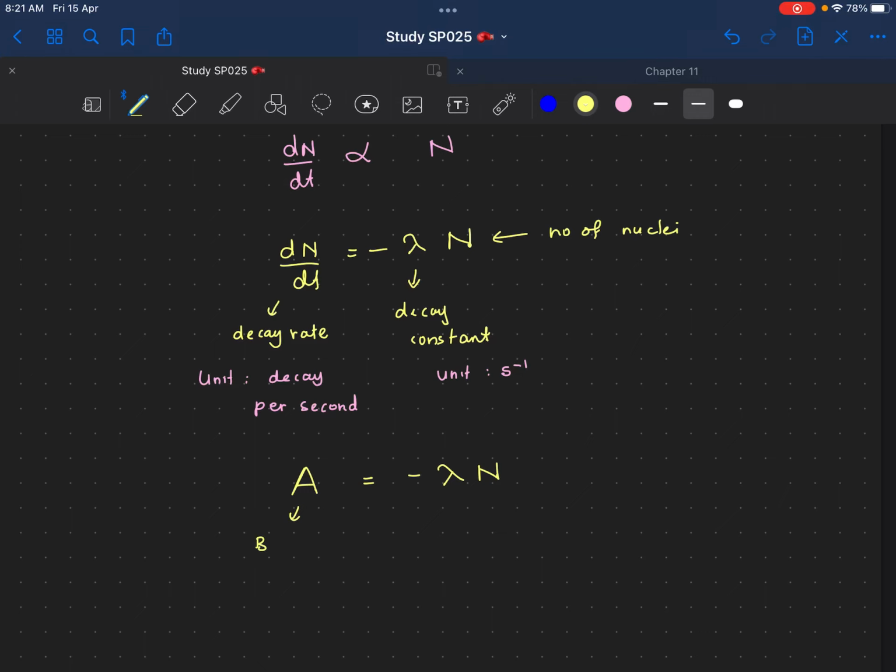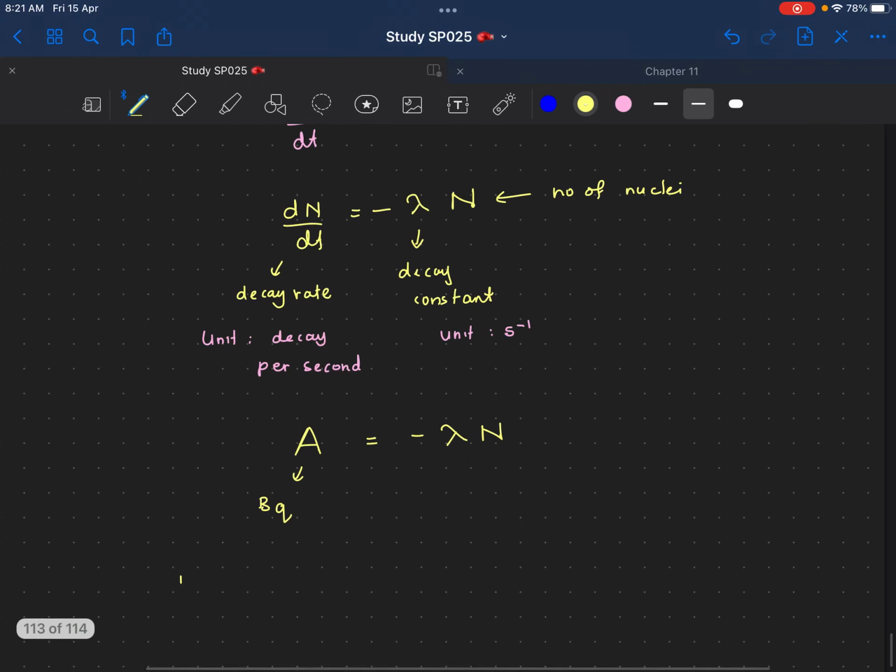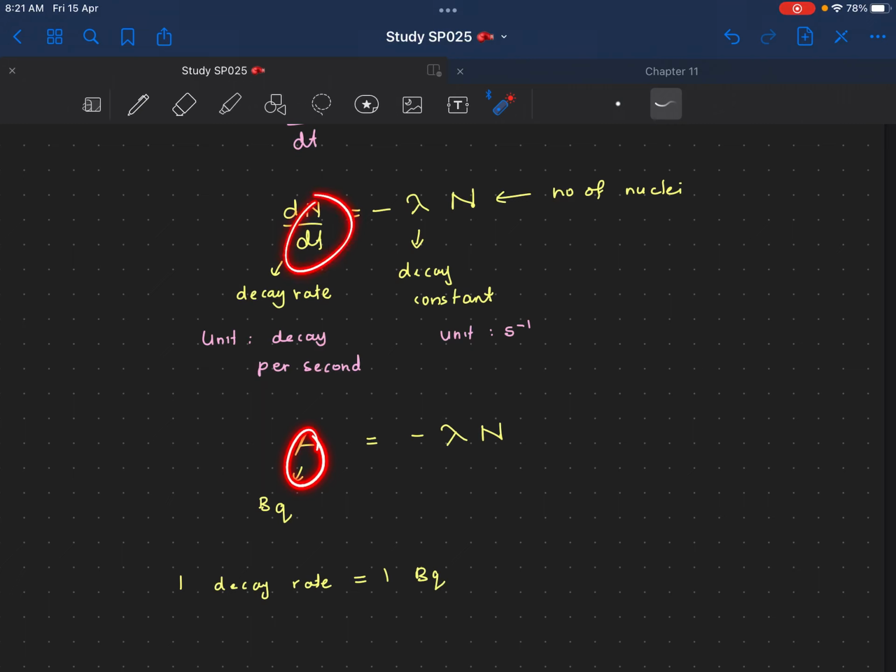The unit is becquerel. And then yang kat belakang ni unit dia samalah dekat atas tu. And then conclusion dia adalah we can say that one decay rate is always equals to 1 Bq lah, because they are the same thing. So dia just nak uji you punya kefahaman nanti kalau dia nak minta activity ataupun dia nak minta decay rate, so that kamu tahu that they are the same thing.